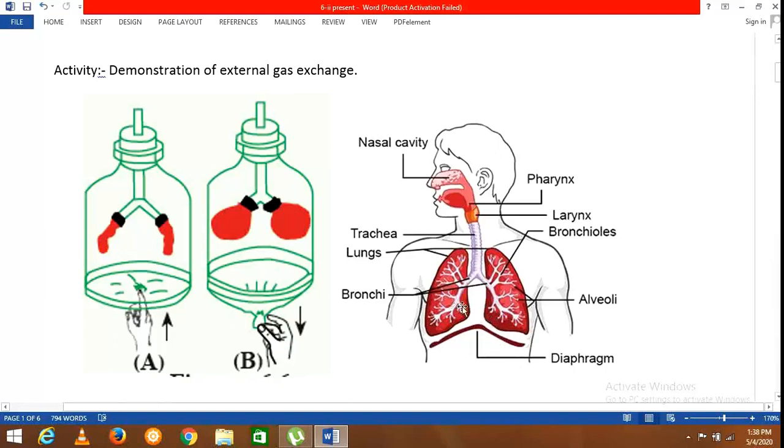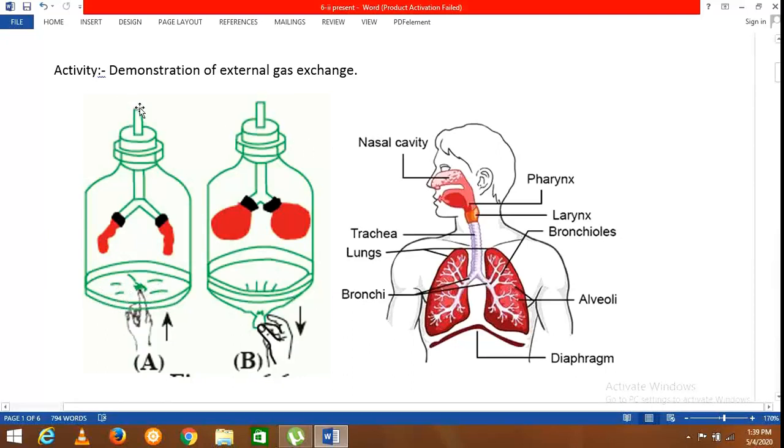These lungs are located inside the thoracic cavity. In our model, we have used a glass bell jar, and this bell jar represents the thoracic cavity. The diaphragm is represented by a rubber membrane or a polythene sheet, which is attached to the bottom of the gas jar.